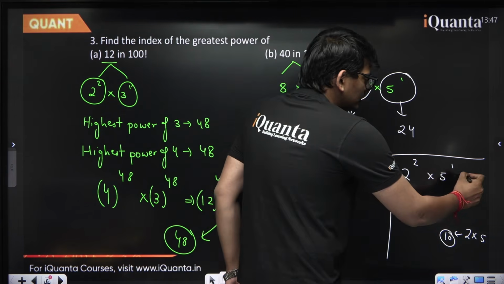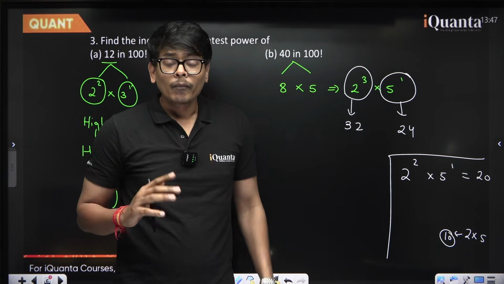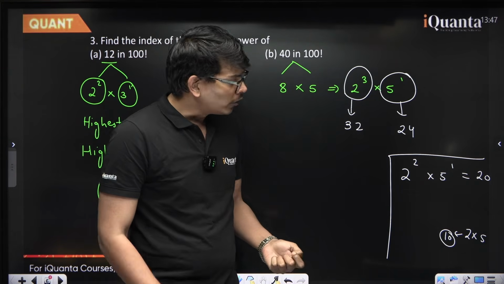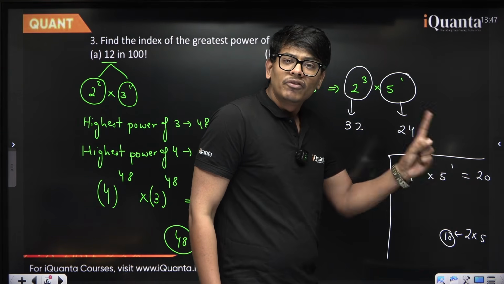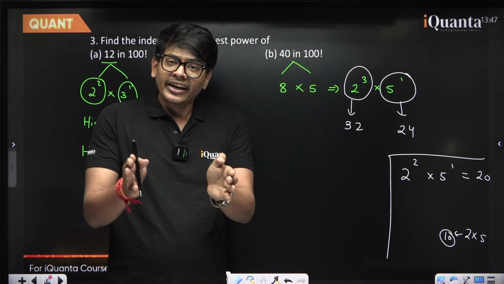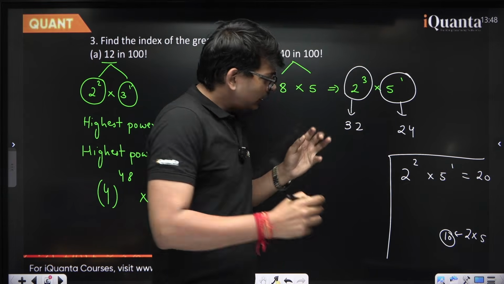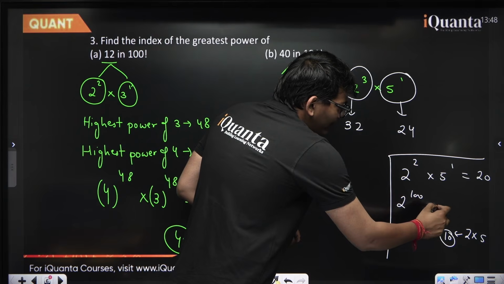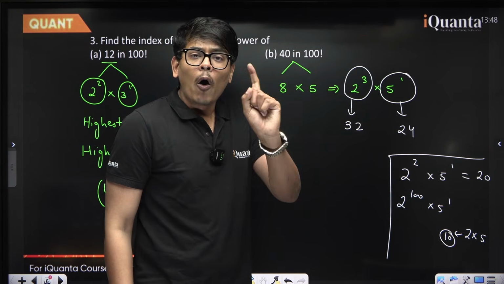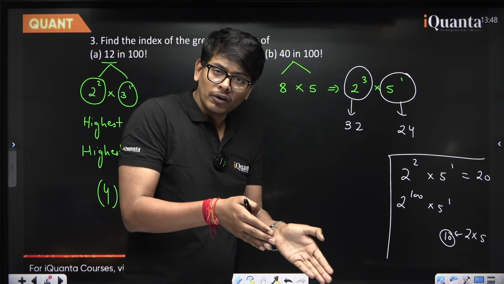You can calculate manually and you can directly say the number of 0s will be 1. But can I do this with the help of some concepts? Try to focus. It has number of 5s as 1. It has number of 2s as 2. To make 0, I need an equal number of 5s and 2s. So even if it has, let's say, 2 raised to the power 100 and 5 raised to the power 1, if you observe, still this will give you only 1 zero, because to make a 0 you need an equal number of 5s and 2s.